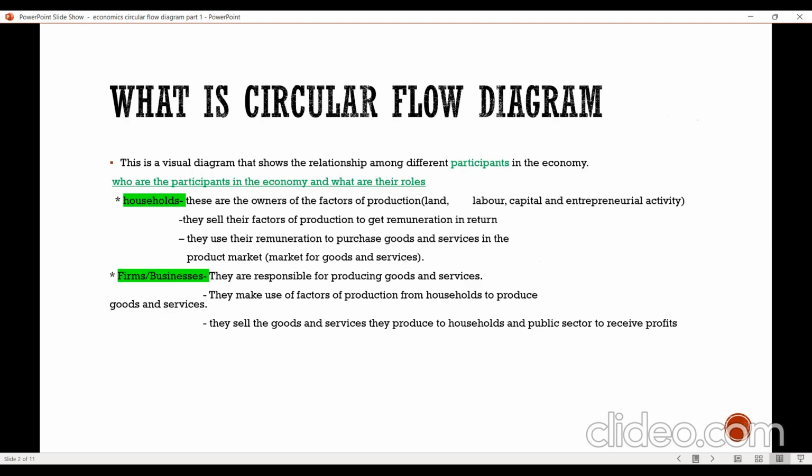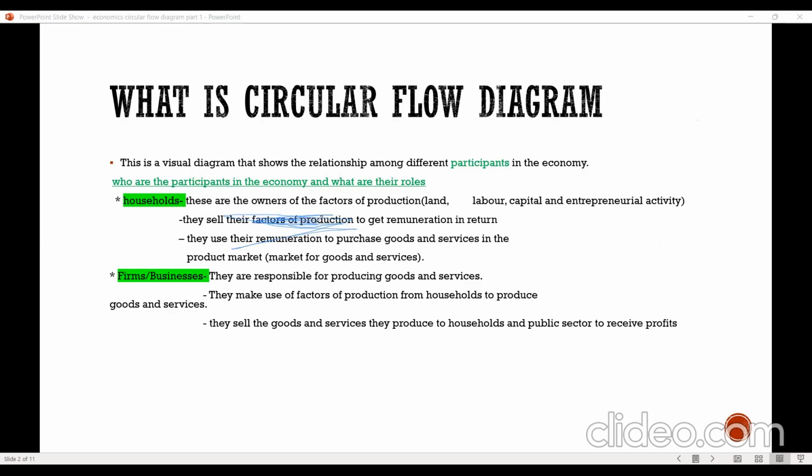What are those economic resources? Like I said, we're talking about the factors of production. This is the most important point that you must know. Households are responsible for owning the factors of production.